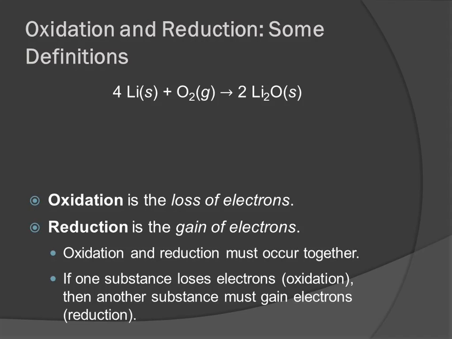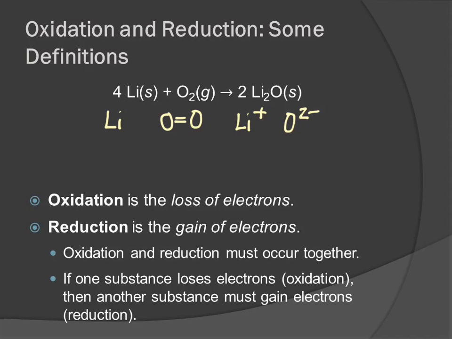Here we've got lithium atoms that have no charge, and here we have an oxygen molecule, and that has no charge. Over here in this product, we have lithium ions and oxide ions, because that's what an ionic compound is. We've got lithium ions and oxide ions, and so these have a positive charge, these have a negative charge.